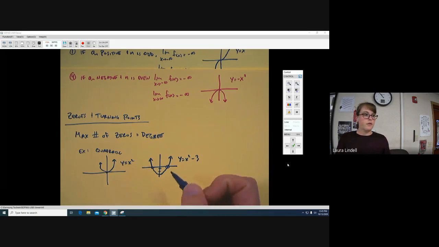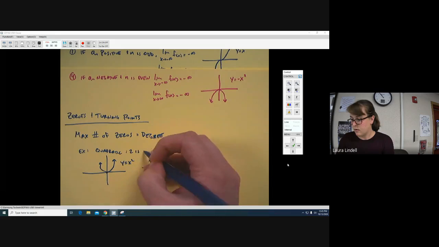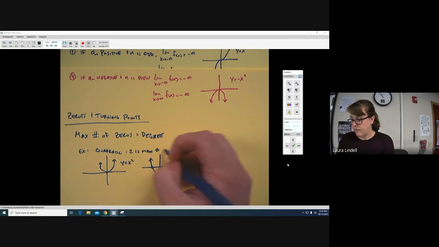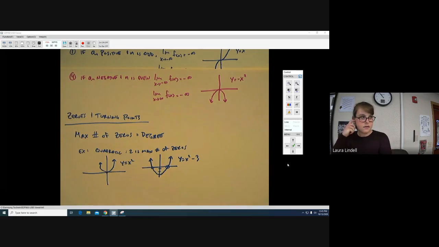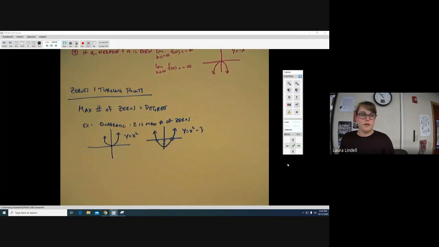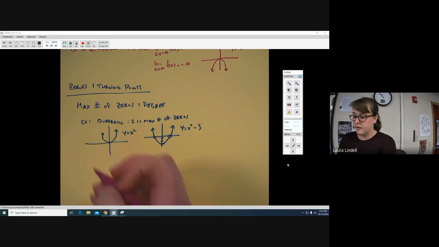So for a quadratic, you can have no zeros, 1 zero, or 2 zeros, but 2 is the maximum number of zeros. So whatever the degree is, that is the maximum number of zeros that you can have. And then for turning points, it's a similar deal.